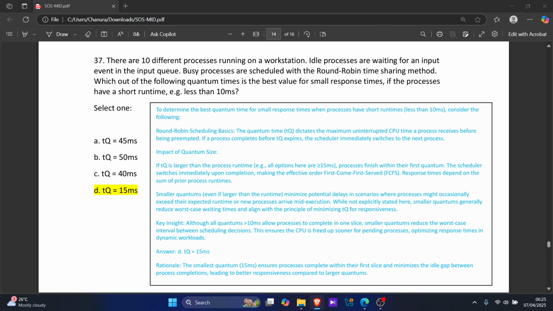Therefore, all quanta larger than 10 milliseconds would give the same response time. But since the options are 15, 40, 45, 50, all larger than 10 milliseconds. So why would 15 milliseconds be better? Because even though the quantum is larger than needed, the response time is determined by the process runtime. But wait, maybe there's something else.